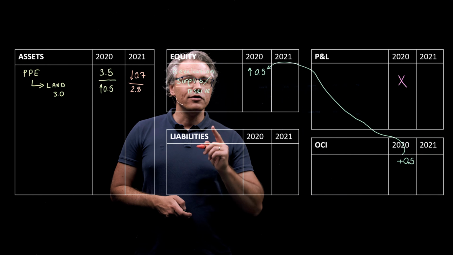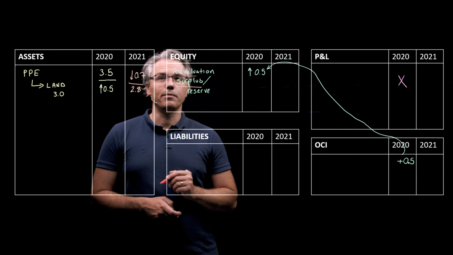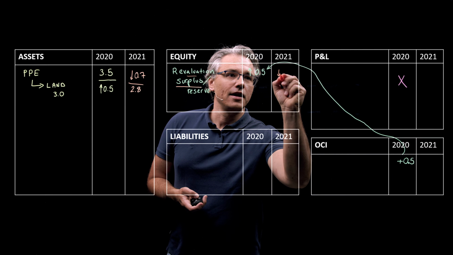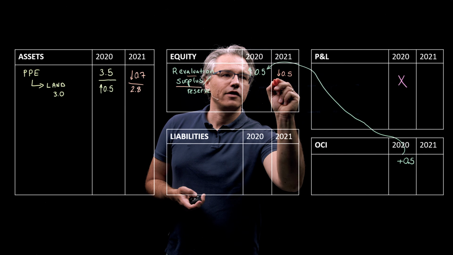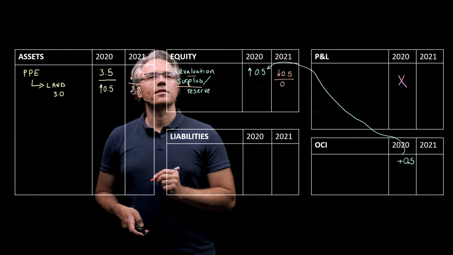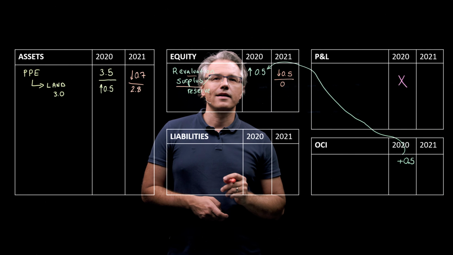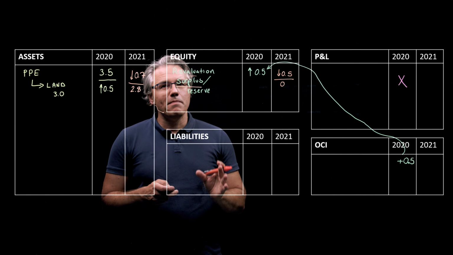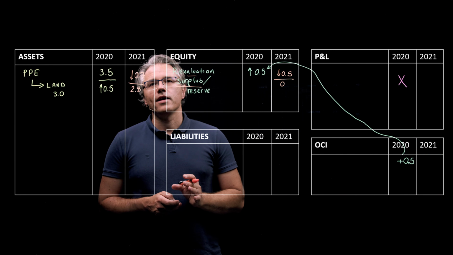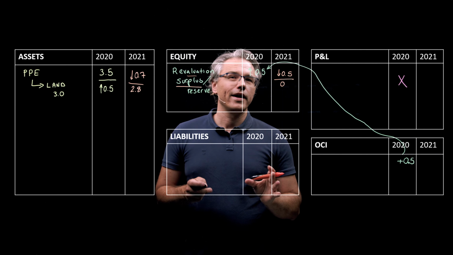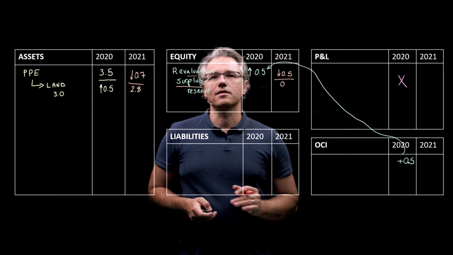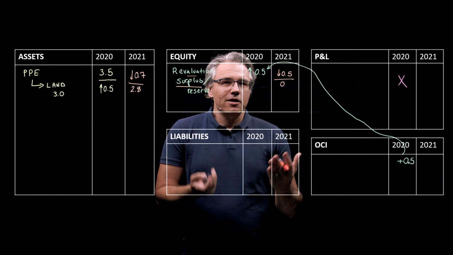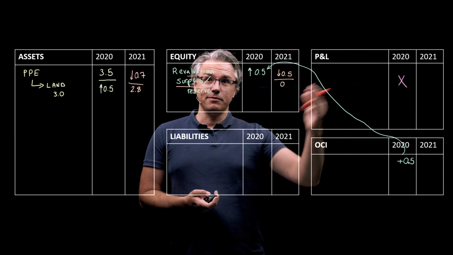So we reduce revaluation surplus down to 0, and that's going to be a reduction of 0.5 million down to 0, as I just said, and that triggers a negative entry within OCI over here. Remember, the role of other comprehensive income is to record all gains and losses, as is going to be the case right now, that bypass the income statement.